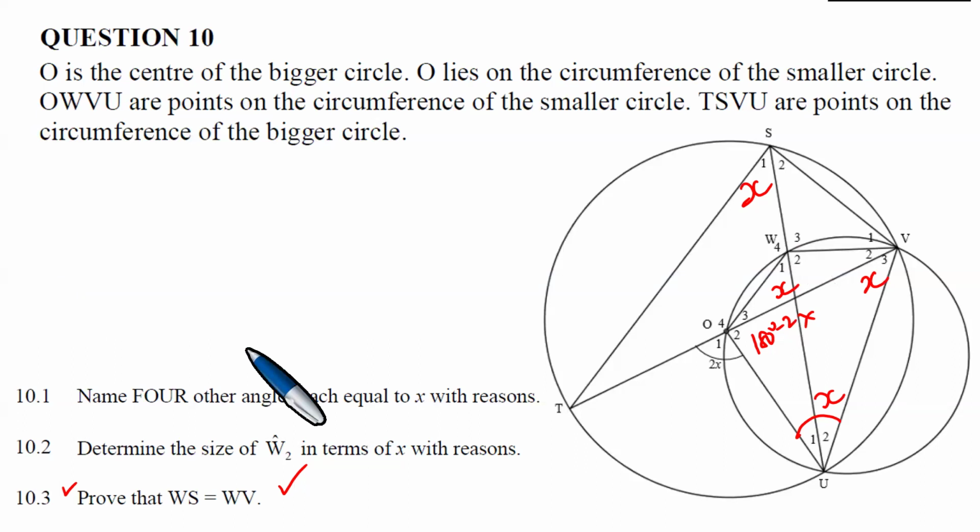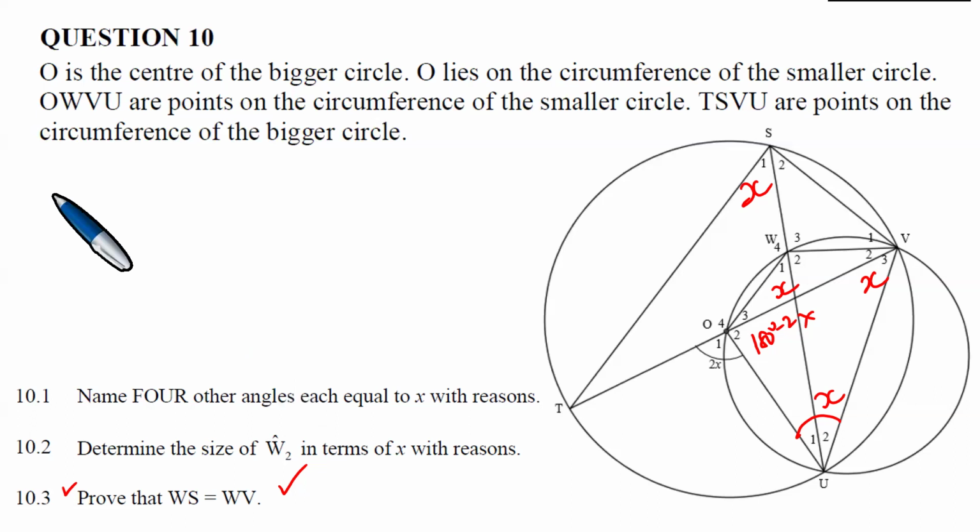Prove that WS is WV. Too easy. Very, very straightforward.